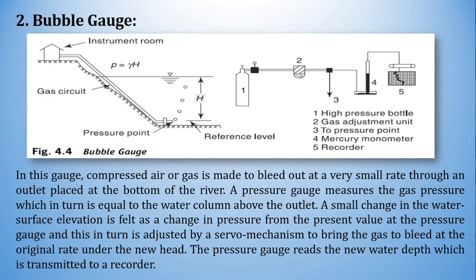A small change in the water surface elevation is felt as a change in pressure from the present value at the pressure gauge, and this in turn is adjusted by a servo mechanism to bring the gas to bleed at the original rate under the new head. The pressure gauge reads the new water depth, which is transmitted to the recorder.